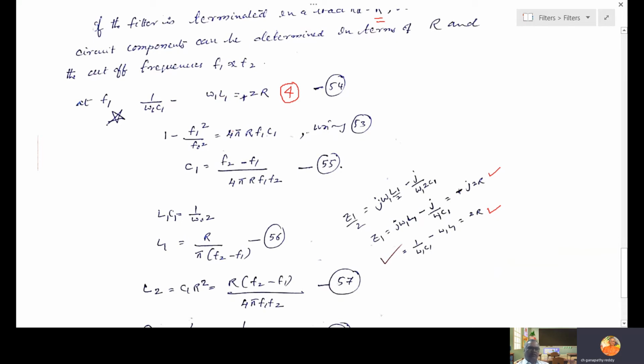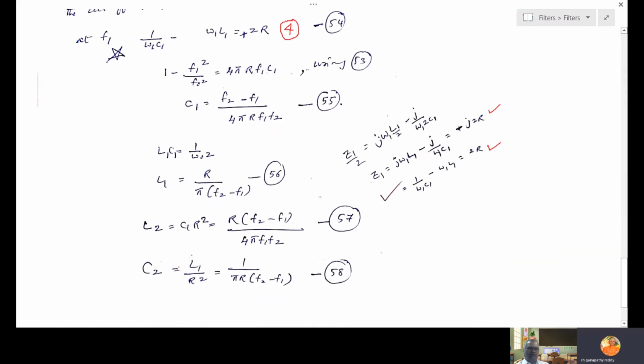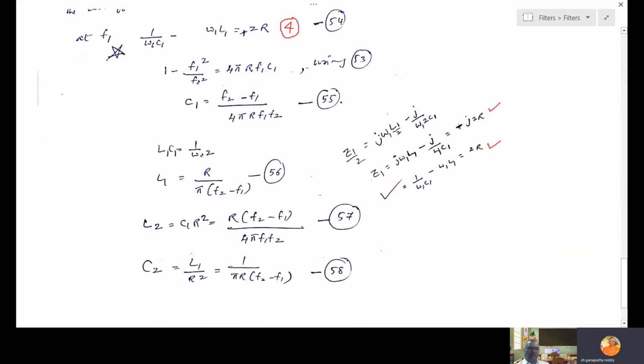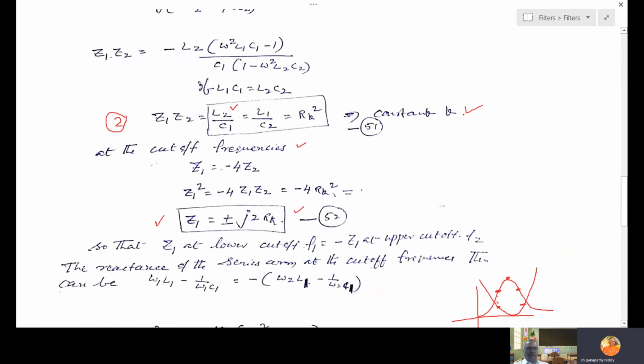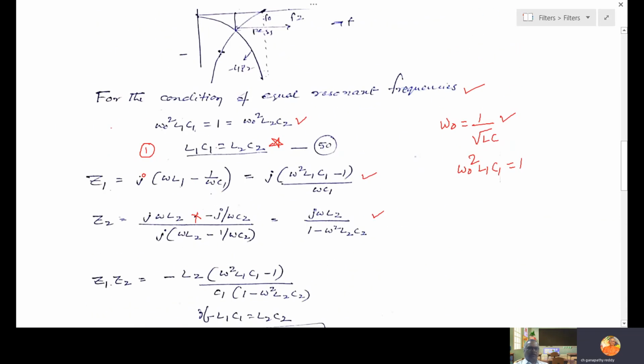If you solve all these four equations, you will get the L1 formula, C1 formula, L2 formula and C2 formula. But it is not necessary to learn these formulas by heart. All of you concentrate only on these four formulas. What is the first formula?